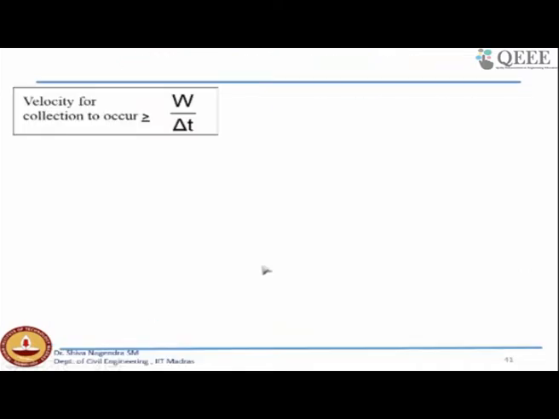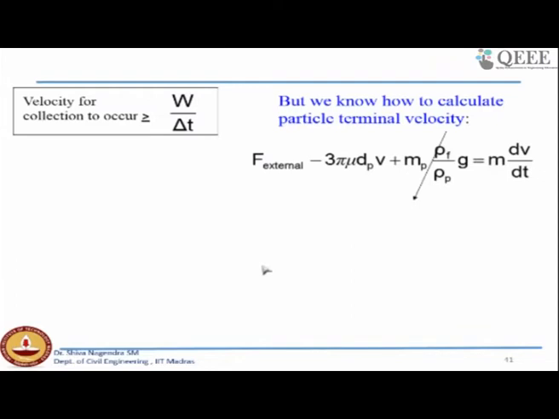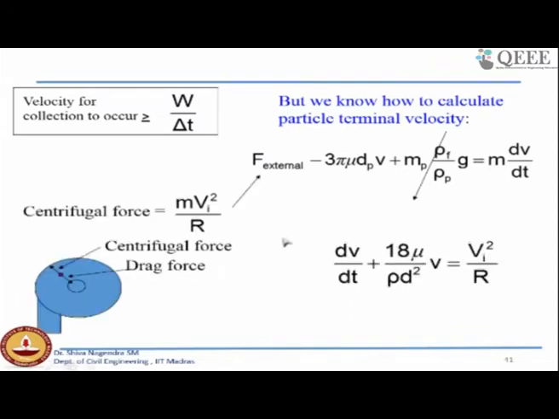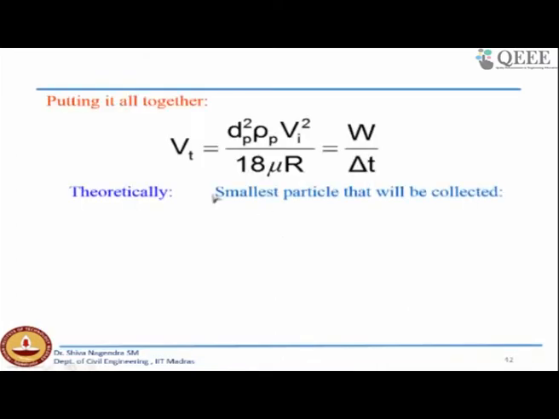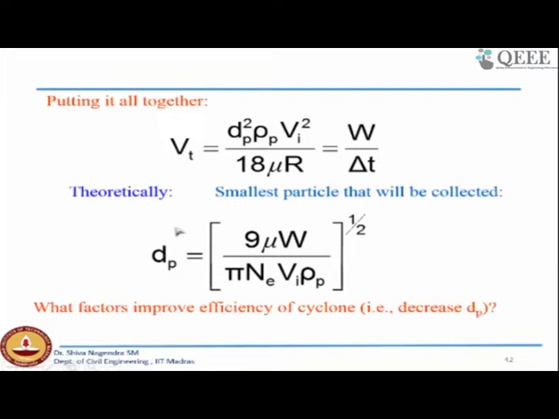Now, equating centrifugal force with drag force, you try to find out the cyclone efficiency. We are interested in estimating the efficiency of the cyclone for a given diameter. The first step is, for the given width and density, you can find out what diameter can be designed.